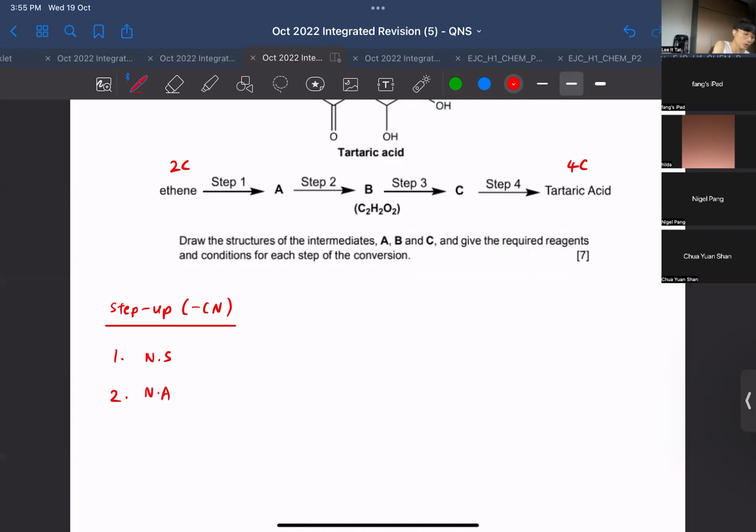Now, this is the second part of the process. When do we use sub and add? Sub is only if the number of functional groups are the same. But nucleophilic add is if the number of functional groups increase.